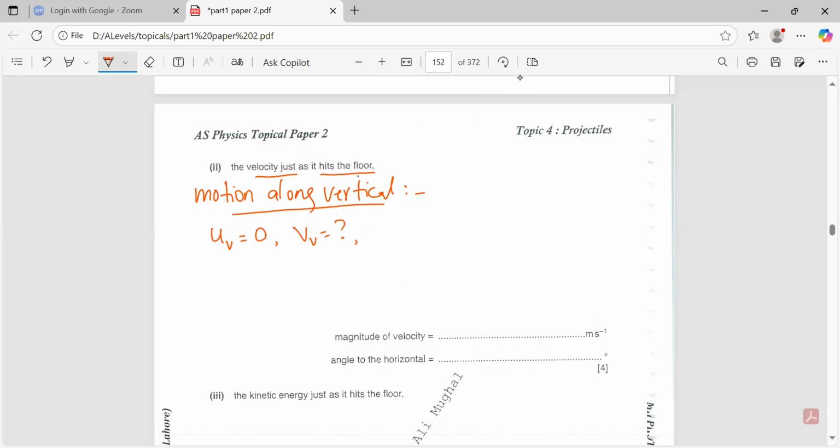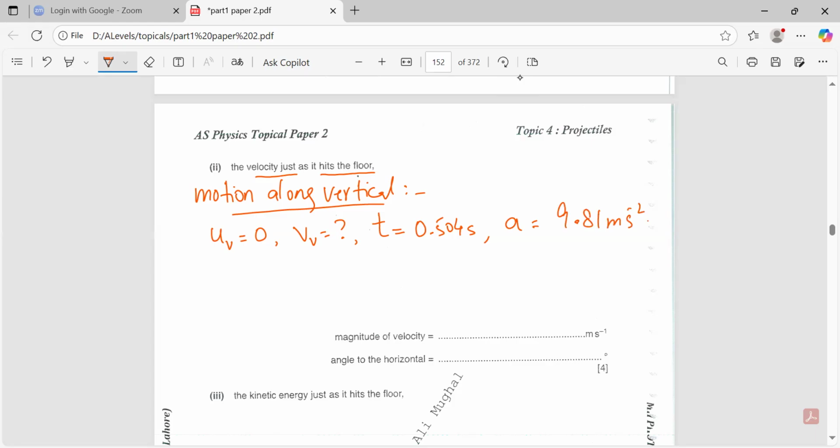We already have the time of flight from top to bottom. What was the time of flight we found in the previous part? That time is 0.504 seconds. And what else do we have? The acceleration when the object is falling downward is 9.81 meter per second square.